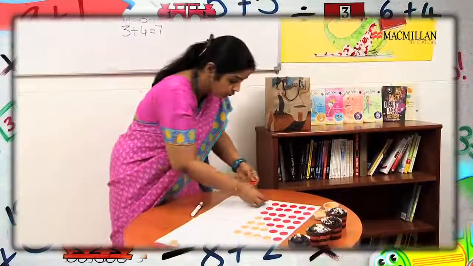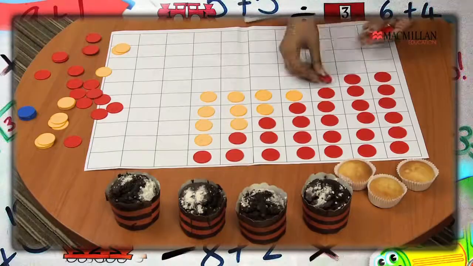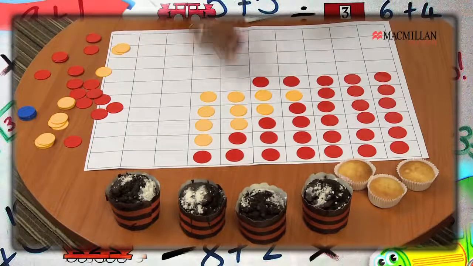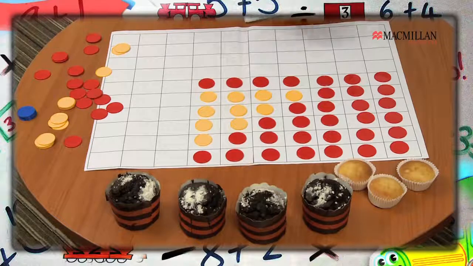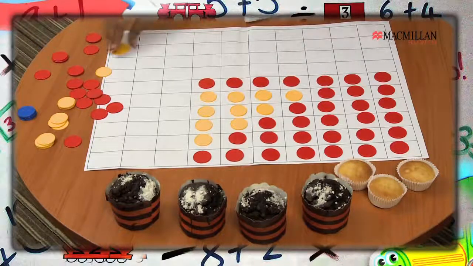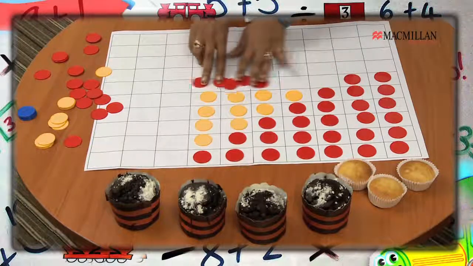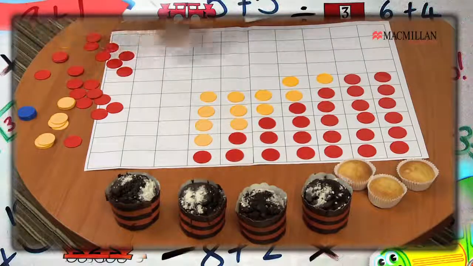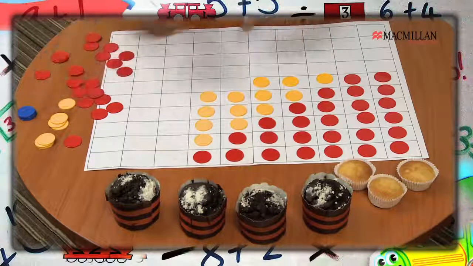I hope you are not bored with the game because I am going to do it once again. I am again placing 7 counters here. 1, 2, 3, 4, 5, 6, 7. And what am I going to do this time? I am going to replace 5 red counters by yellow counters.